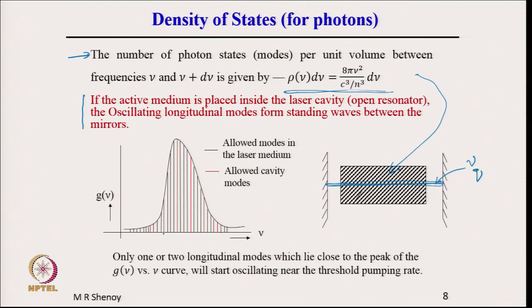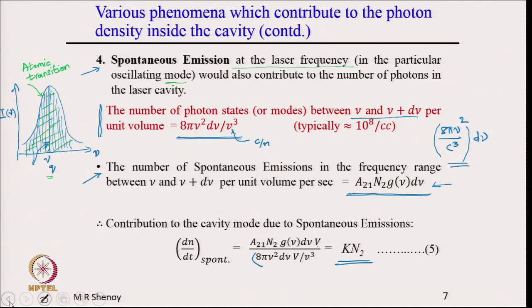So, you can see that the resonator modes are here, and in between also you have plenty of photon modes. So, allowed modes in the laser medium, allowed modes in the cavity, allowed cavity modes. Therefore, one of the allowed modes will also be corresponding to the cavity mode, and that is why the contribution due to spontaneous emission is very small.